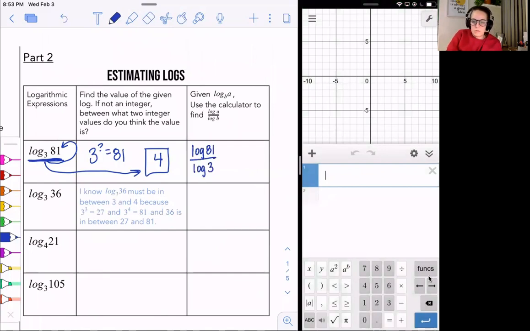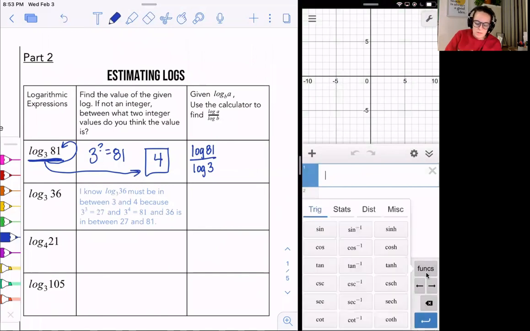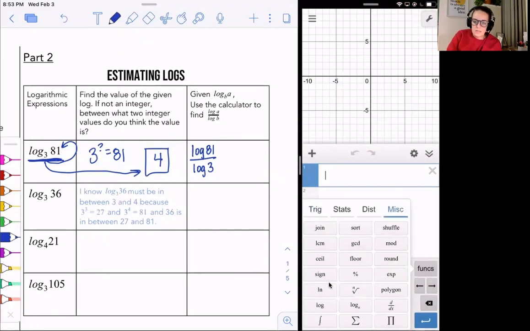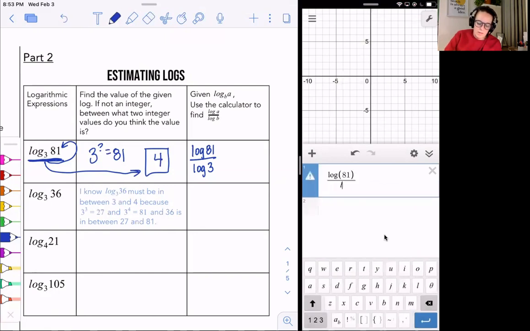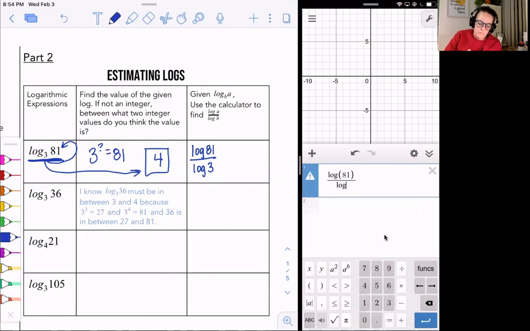You would go to functions, go over to miscellaneous, and then go to log, or you can actually type just log, right? So log 81 divided by log of 3, and you would get your answer 4. So we see this number is 4.